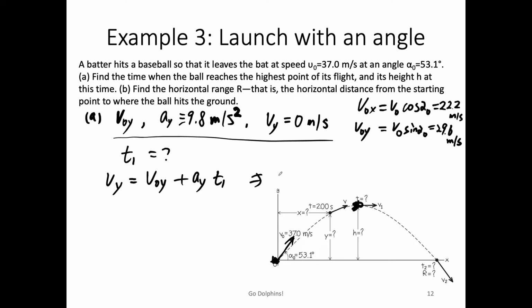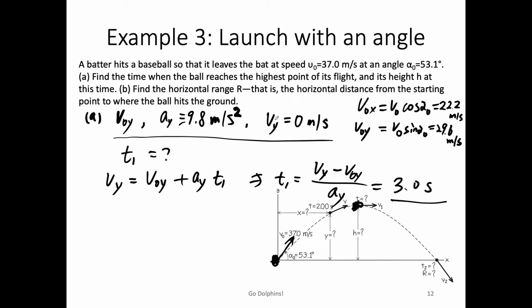We plug in all the numbers and find t1 is roughly 3 seconds. So it takes 3 seconds for the ball to go from here to here. Now we have t, v0y, ay, vy.